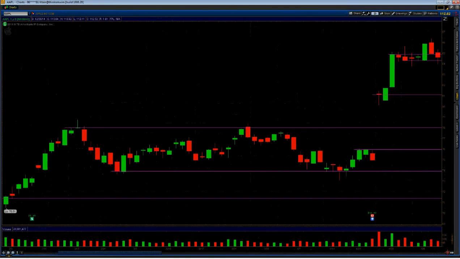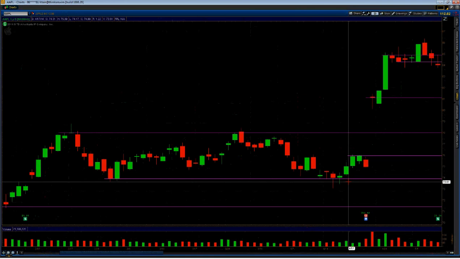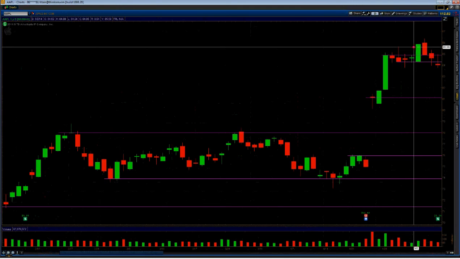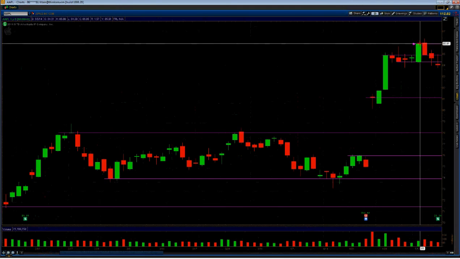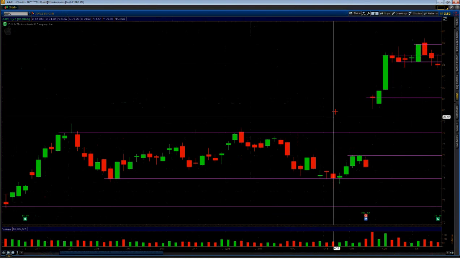Let it keep going. Now, when something like this happens, believe it or not, you're not necessarily going to be stopped out. You'll be down about 40%, at least close to the end of the day.